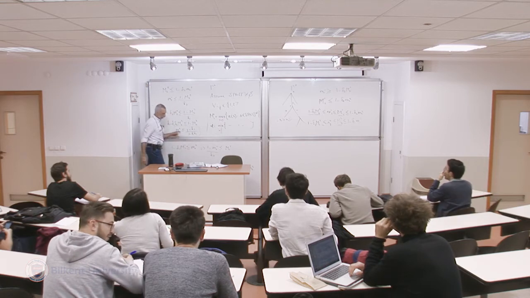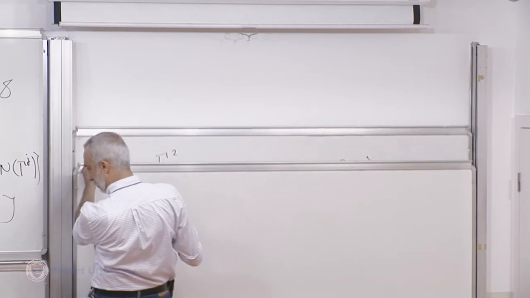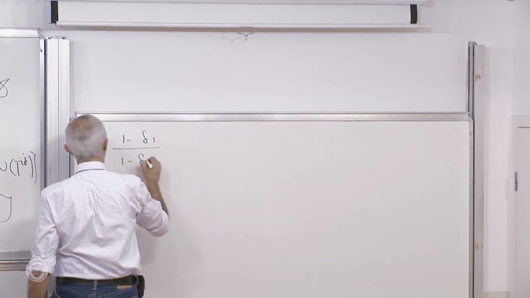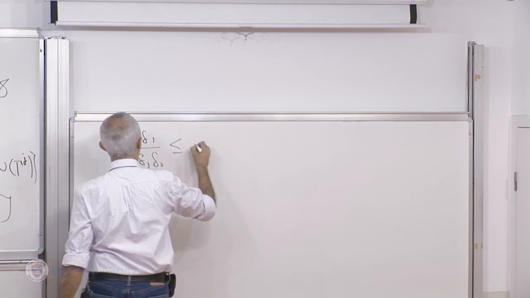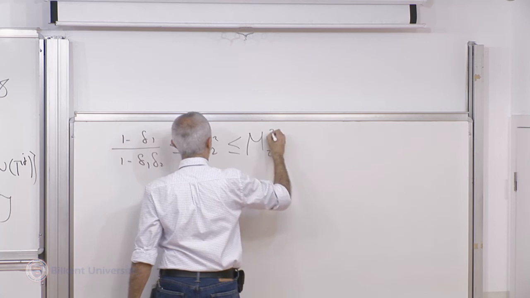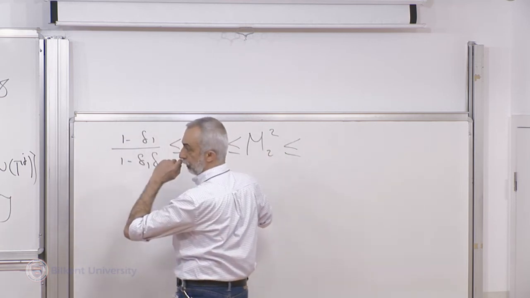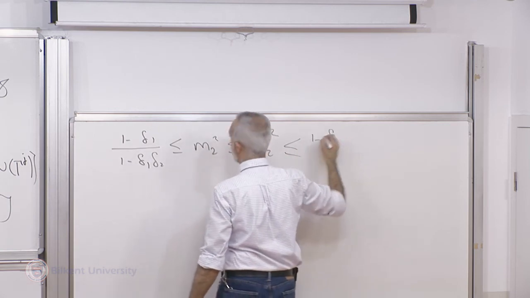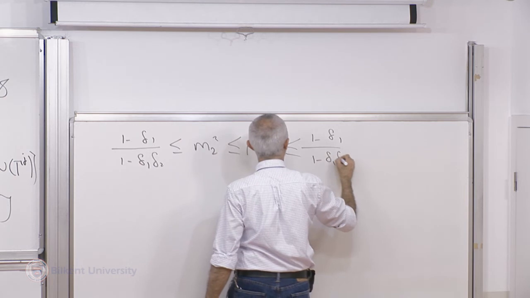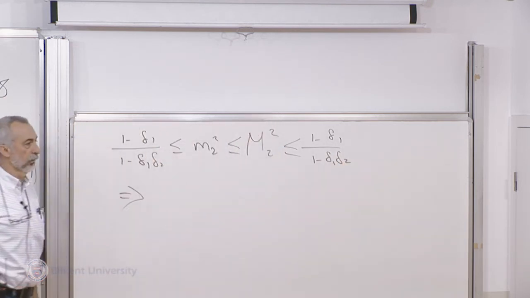So what do we have? We have this, and we have that. So let me write those together. 1 minus delta 1 over 1 minus delta 1 delta 2 is less than or equal to M22, which is less than or equal to capital M22. That already always holds. So what does that imply?